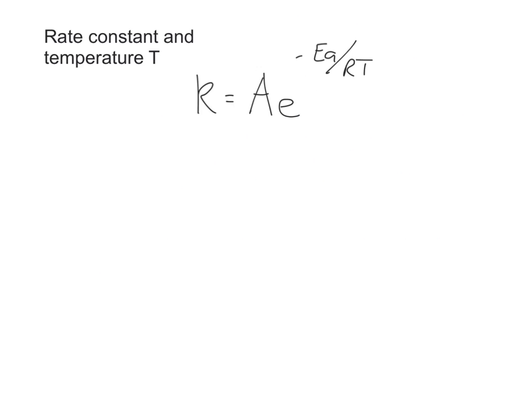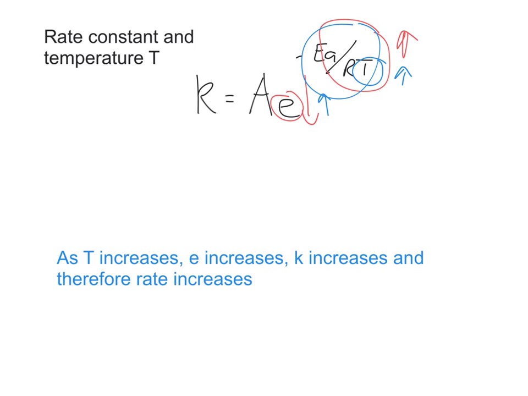We now know that as Ea over RT increases, the exponential factor e decreases, and vice versa. Now if you increase T, that means the fraction of Ea over RT will decrease, and therefore the exponential factor will increase. If e increases, k increases, and therefore rate increases. This is the mathematical way of showing that as temperature increases, rate of reaction increases.